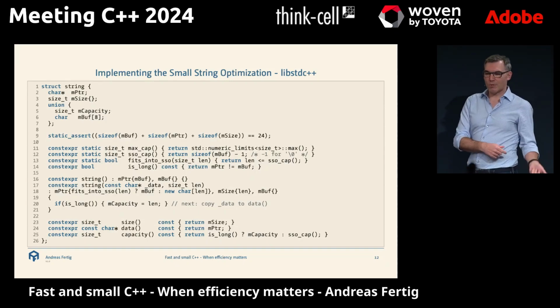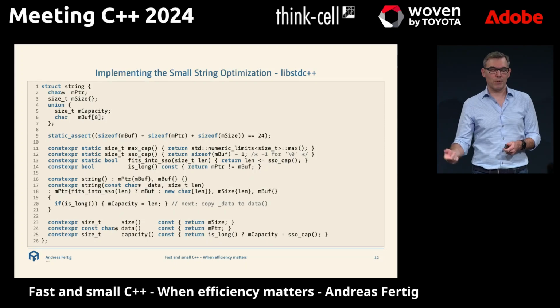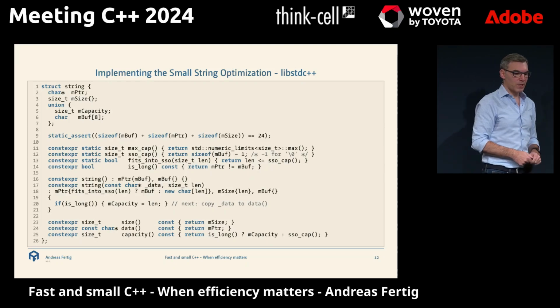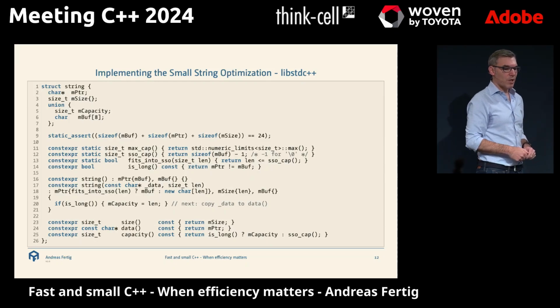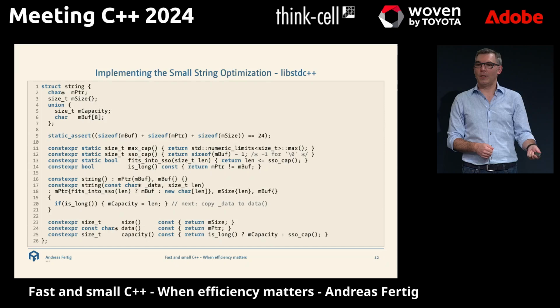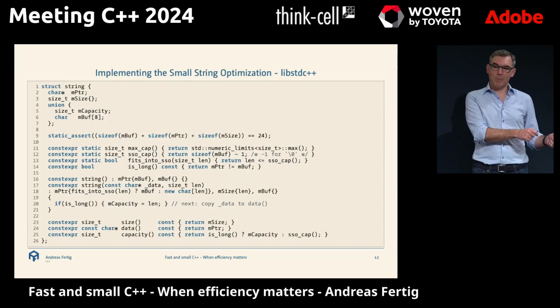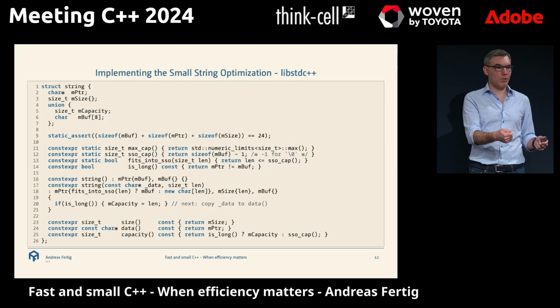Then we have a constructor taking no arguments, default constructing a small string object, and a constructor taking 2 arguments, a const char star and the size. There, mPointer is initialized with mBuff if the string fits into SSO.